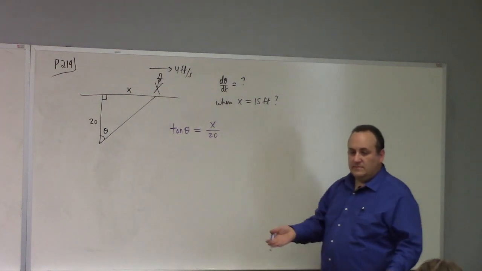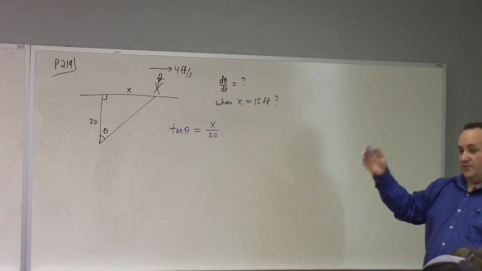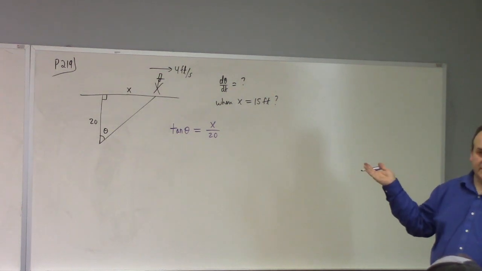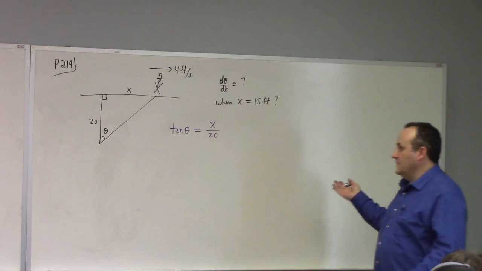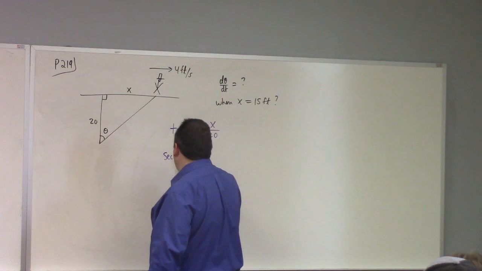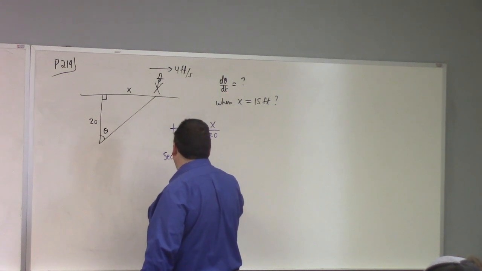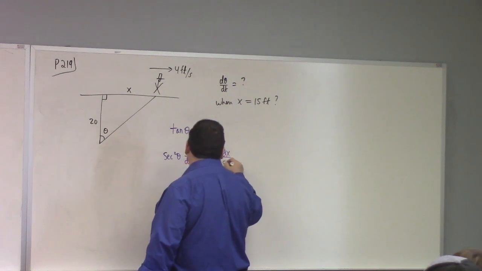So if you know that, you can see both theta and x are functions of time. So if we differentiate this with respect to time, what does it tell us? We get secant squared theta d theta dt is equal to 1 over 20 dx dt.